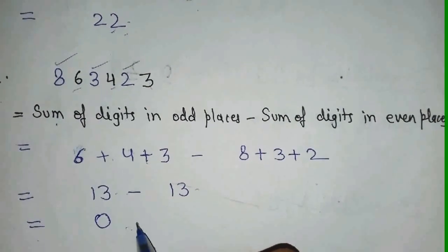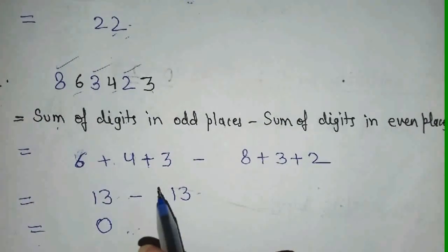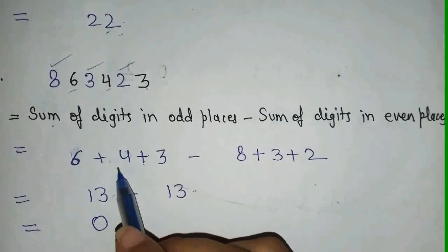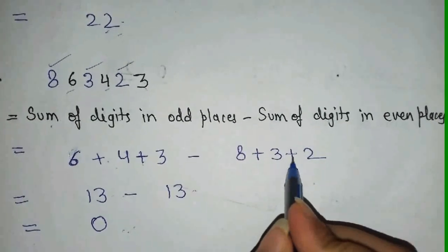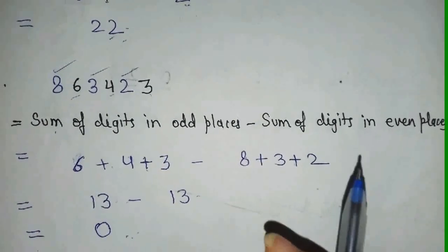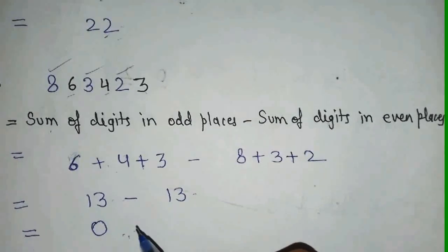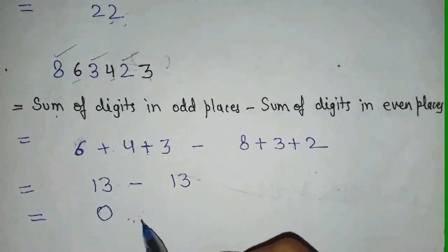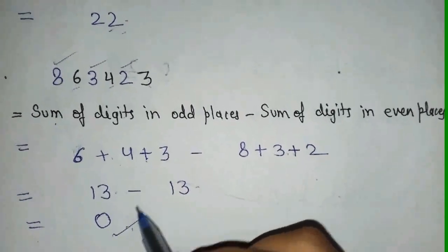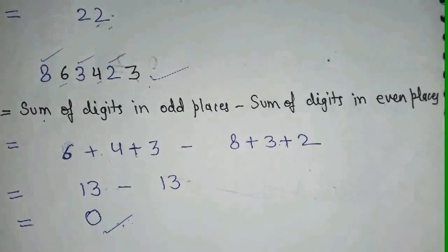Divisibility by 11 says that the difference of the sum of digits in odd places and the sum of digits in even places is either 0 or a multiple of 11. Here, the difference of these two sums is 0. Therefore, this number is also divisible by 11.